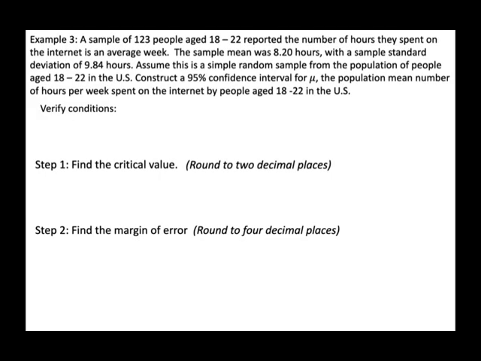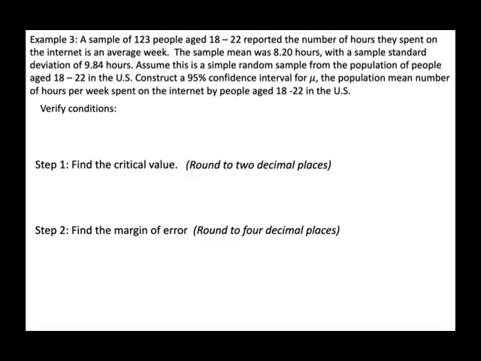Okay, example. A sample of 123 people, aged 18 to 22, reported the number of hours they spent on the internet in an average week. The sample mean was 8.2 hours with a sample standard deviation of 9.84 hours. Highlight the sample standard deviation. Okay, this is the s. When s is given, we want to use the student t distribution.